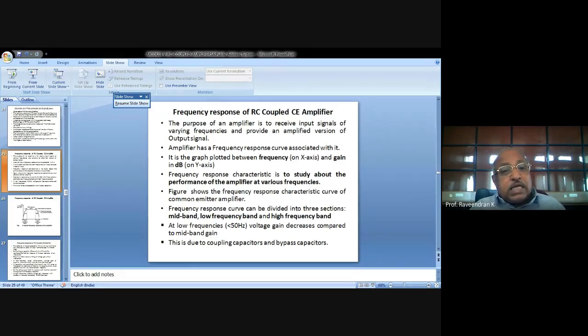What actually is this dB? dB is the voltage gain, and that dB actually represents the power which transfers after amplification. What will be the power that will be given as output as the amplified version? It is actually the voltage gain, that is, the signal voltage that is amplified.